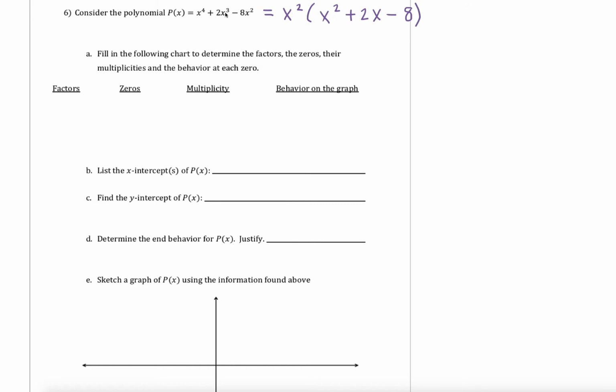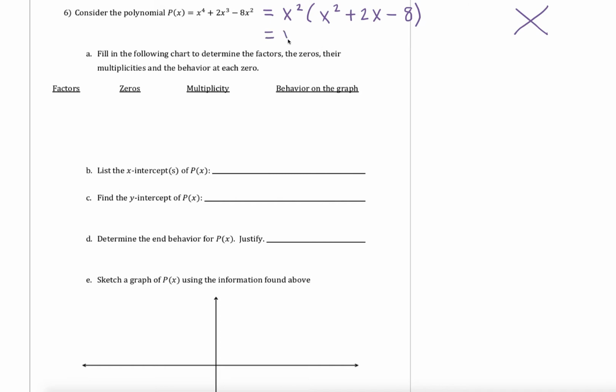That happened because we factored out an x squared out of each one of our original terms. Now from here I can continue to factor the x squared plus 2x minus 8. Why don't you guys pause the video and factor x squared plus 2x minus 8, and if you need to, feel free to use an X Game to think about how that factors.